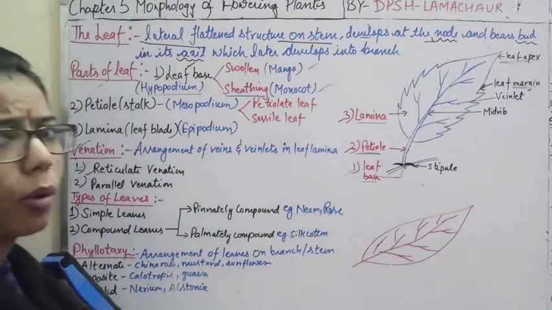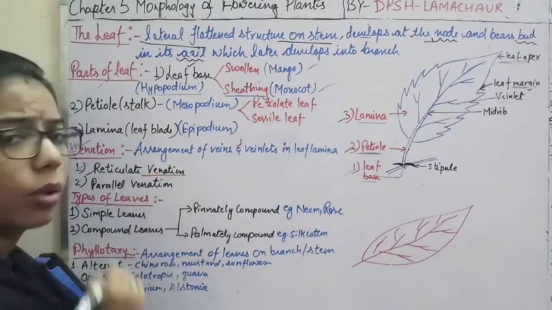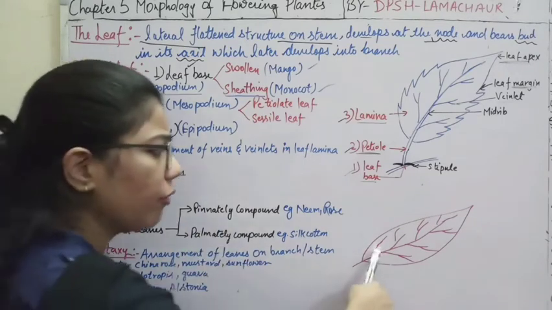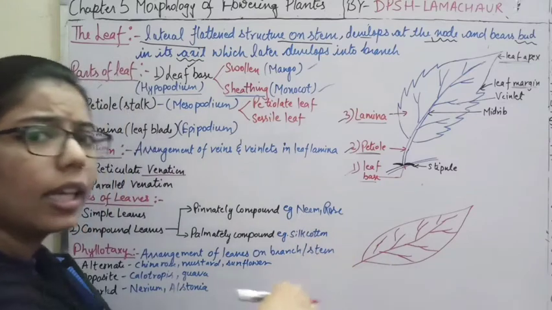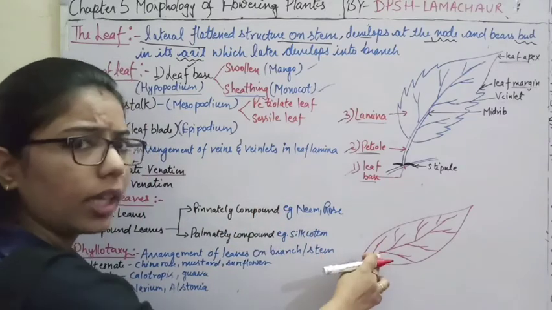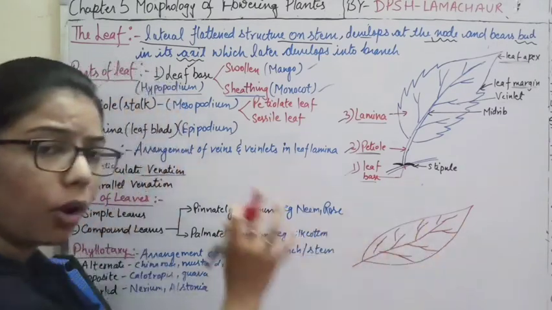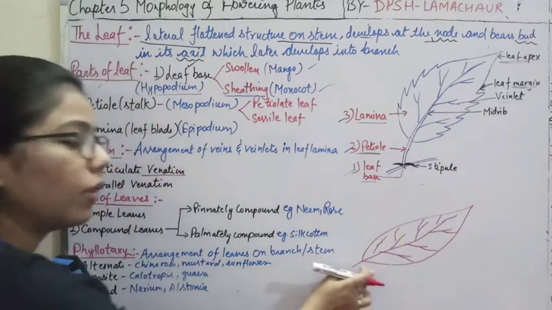So this type of leaf is known as reticulate venation, in which the veins or veinlets are just like a network. They are forming the network in the whole leaf lamina.